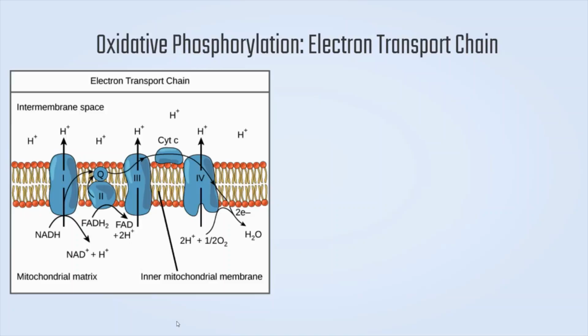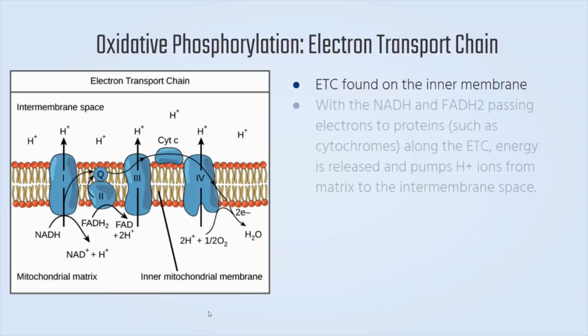In oxidative phosphorylation, the first step is the electron transport chain, abbreviated the ETC. The ETC is found inside the inner membrane of the mitochondria.